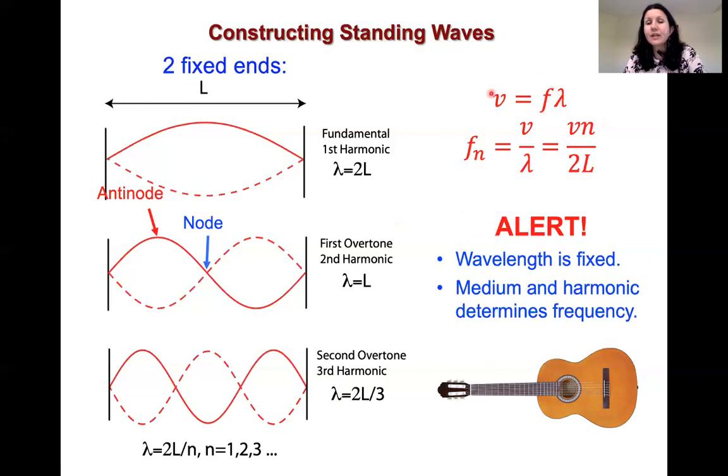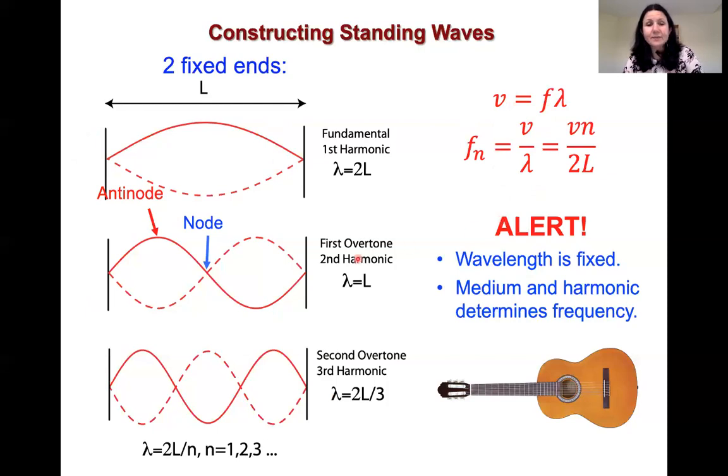This was source and v was medium, and then we got wavelength. Now here it's different, because what we're fixing here is the wavelengths. There are only specific wavelengths that are allowed, and it's now the medium and the wavelength which determine the frequency. So things are a bit reversed here.